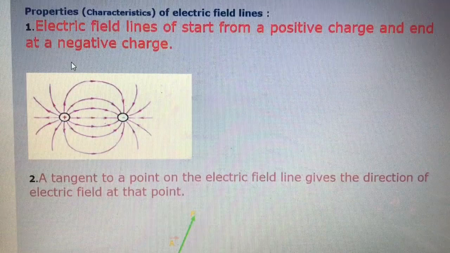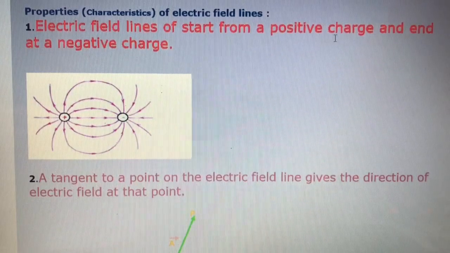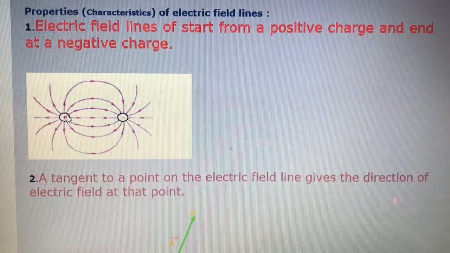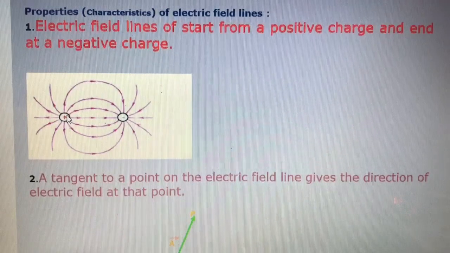Here the first property is electric field lines start from a positive charge and end at a negative charge. Here you can see that this is the positively charged particle and this is the negatively charged particle. Electric field lines are imaginary paths, an imaginary path along which a unit charge tends to move.